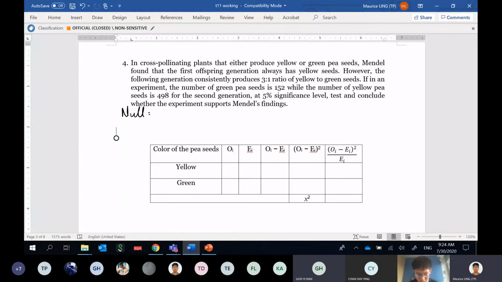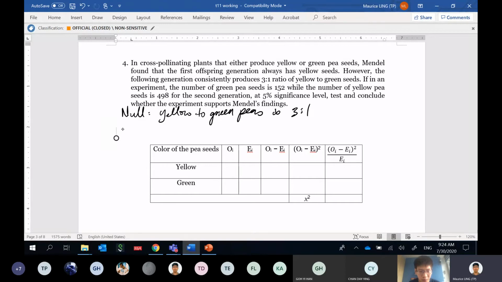So you have to write out the null hypothesis is that the yellow to green peas is 3:1. Have you done genetics already? Yeah. Okay, so you should know how to do your calculation, right?